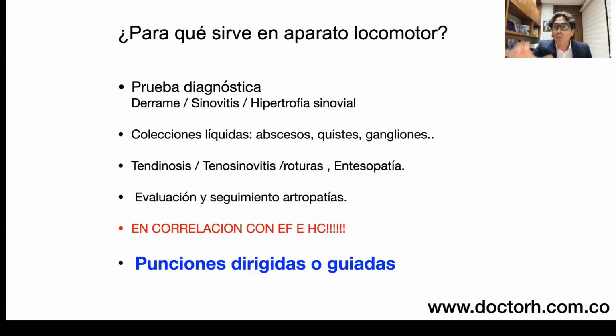What is it used for? It's important to know it's a good diagnostic tool, but you need to know when it is and isn't appropriate, its limitations, and that's what we'll learn as we go. For interventional procedures, we have no doubts; for collections, diagnosing tendinitis, and for monitoring inflammatory diseases.